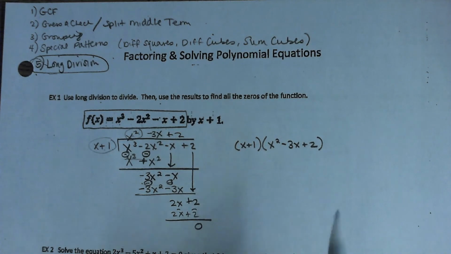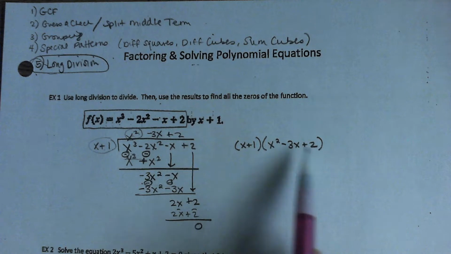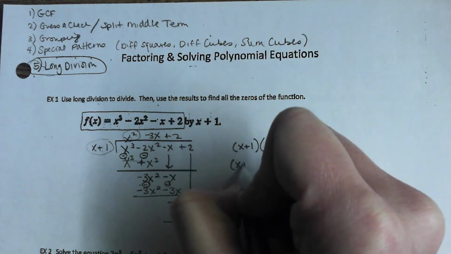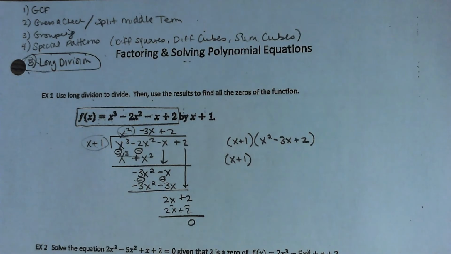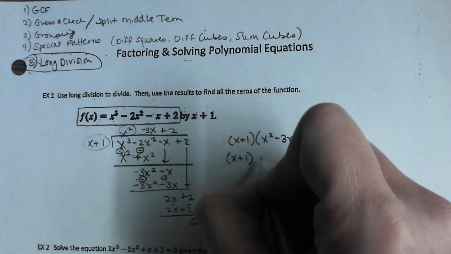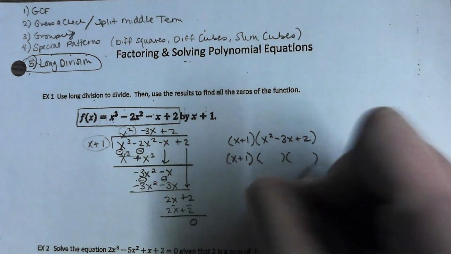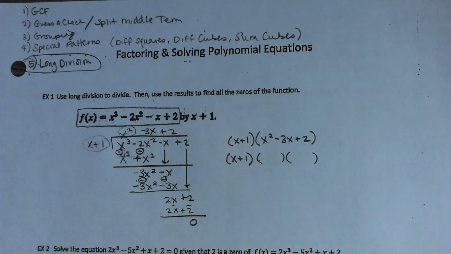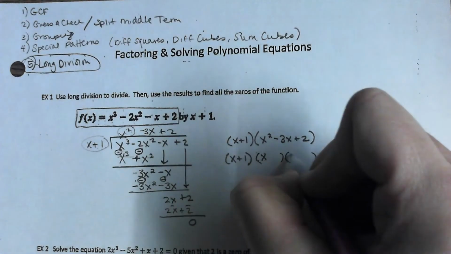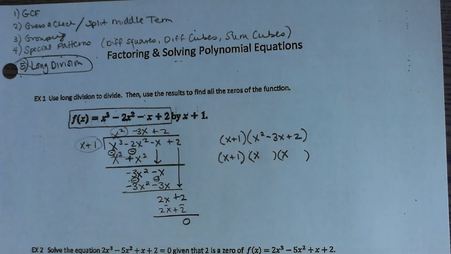And then we can continue factoring the rest of it by our traditional method. So the x plus 1 is done and finalized. But the trinomial we can guess and check on, or we can split the middle term. I'm going to guess and check because it's a pretty straightforward x and x situation. That's the only way to make x squared.